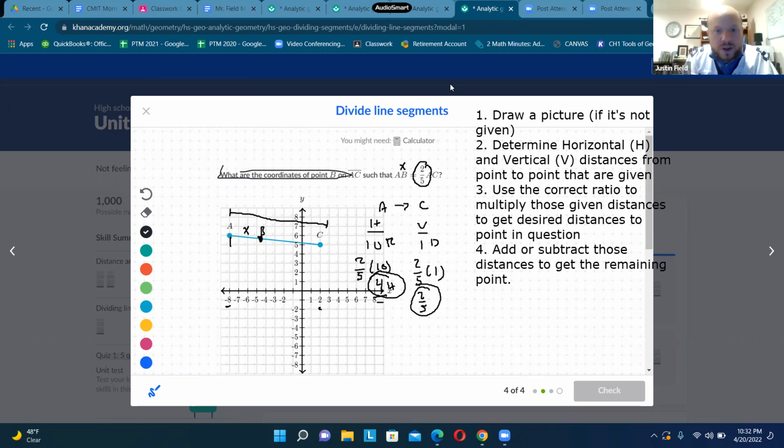So we want to move over 1, 2, 3, 4, and then down 2/5. So it's 4 and then down 2/5, which is like 5 and 3/5 remaining fifths.